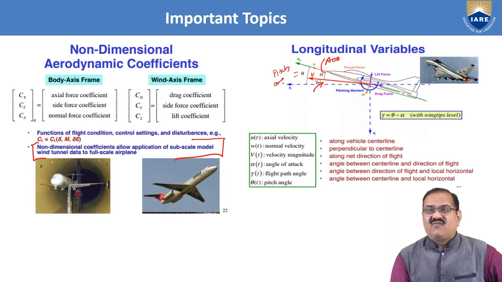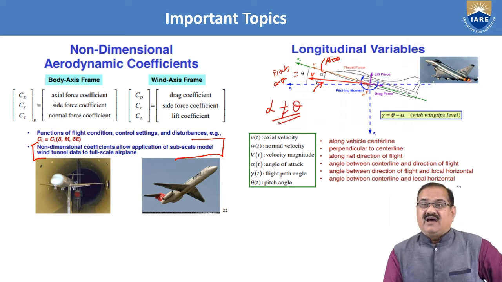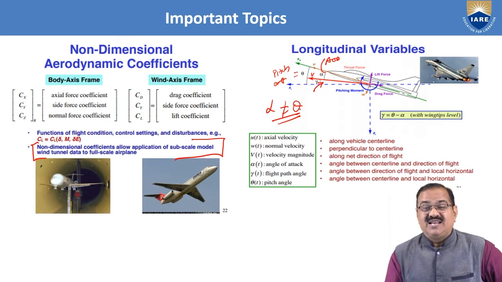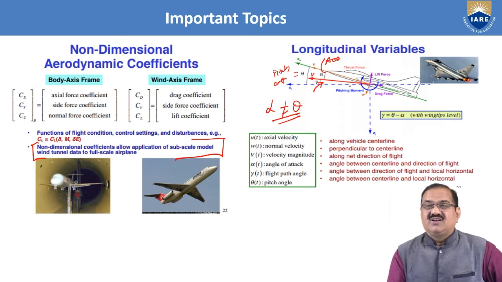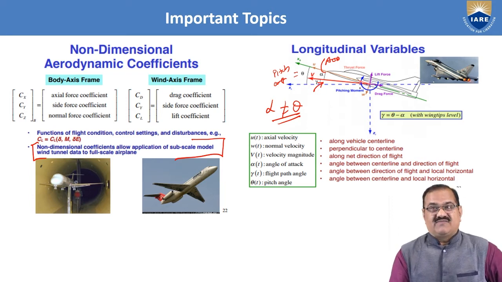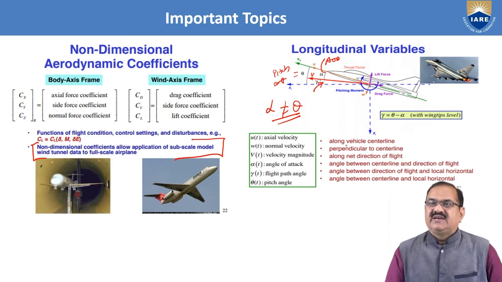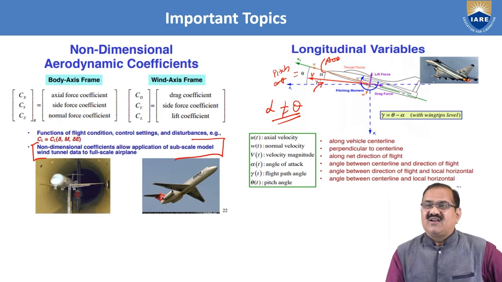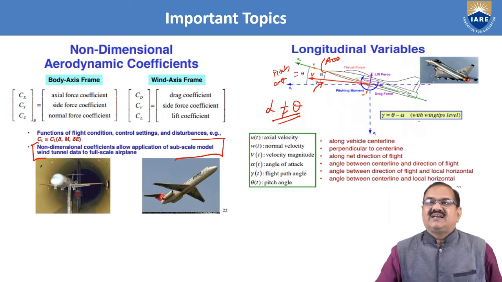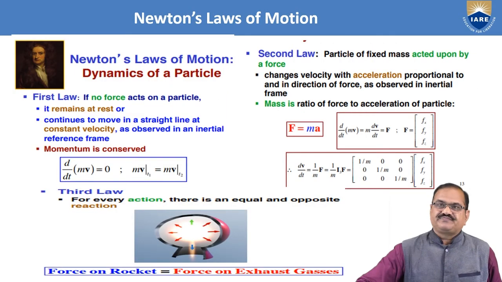So alpha is not equal to theta: alpha is the angle of attack and theta is the pitch angle. That is the difference. Here gamma is equal to theta minus alpha with wing tips level. This is how we understand the longitudinal variables.